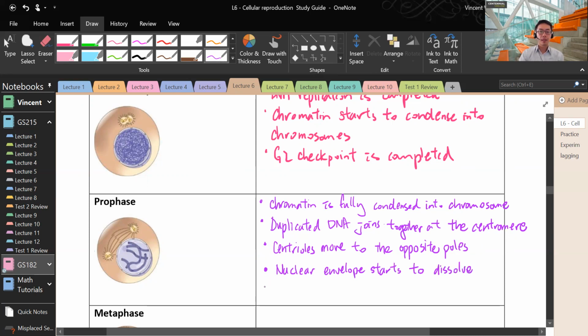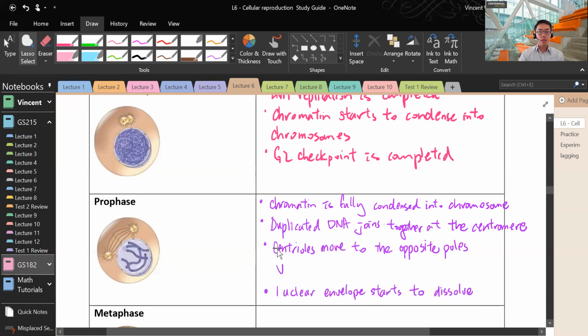Sorry, I should probably add something here. The centrioles move to the opposite poles and start to produce spindle fibers. All these lines are spindle fibers.